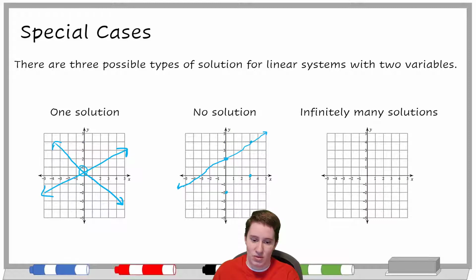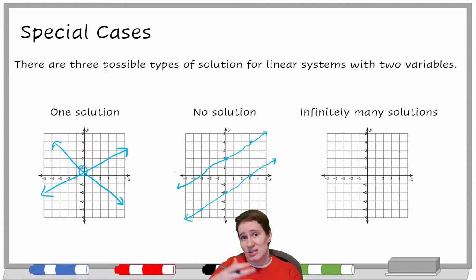I'm drawing a slope of up 2 over 3 for these 2 lines. Because they go up and over the same amount, and because they're a certain amount apart, they're just going to stay that amount apart the whole time. These are parallel lines. Parallel lines give us no solution, because our solution is where they intersect, and these lines never intersect. That's the whole point of parallel lines, is they don't ever intersect.